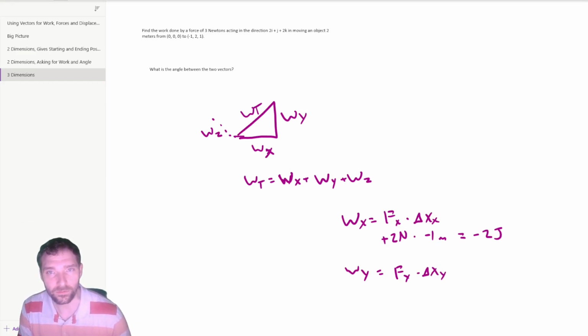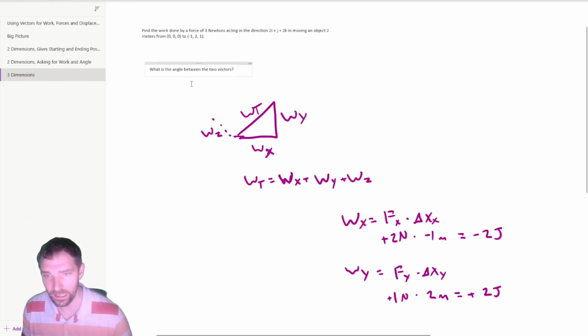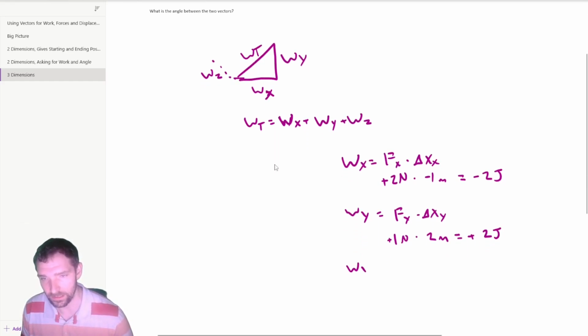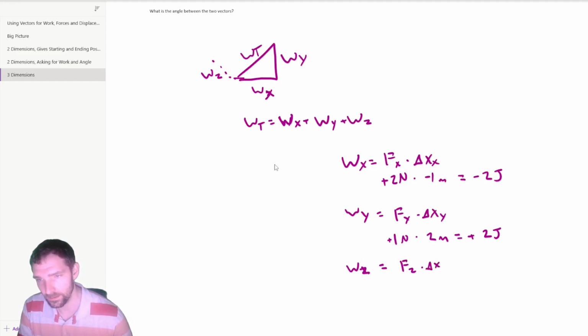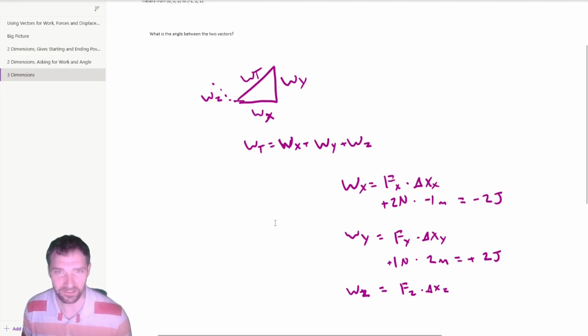If we have then the work in the y direction, same sort of idea. Now we need to do the force in the y-axis, which I'm seeing as +1 newton there, and I'm seeing +2 meters there. So this is adding 2 joules of energy in the y-axis. And then we've got our work in the z-axis. You can imagine how this is going to work, right?